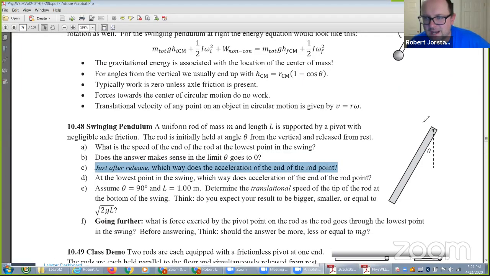They're all rotating. They all have the same omega. Now what will happen here is this point is barely moving at all. This point's moving a little faster, and this point's a little faster, etc. Each point on the rod is going to be moving faster and faster. Obviously, it has to be moving this fast when it gets to the bottom of the swing.